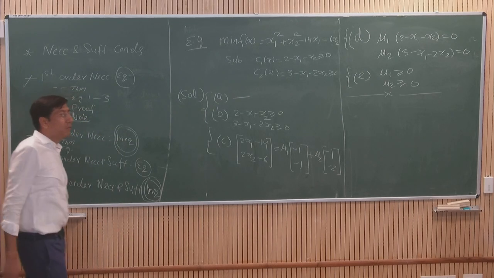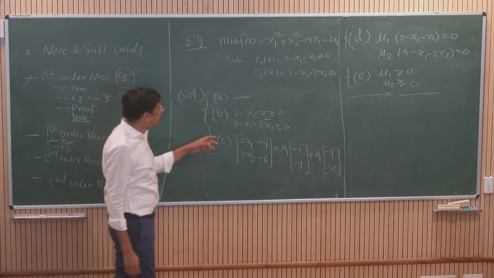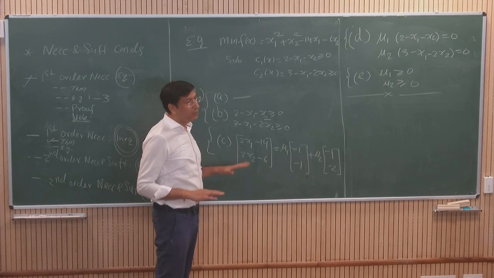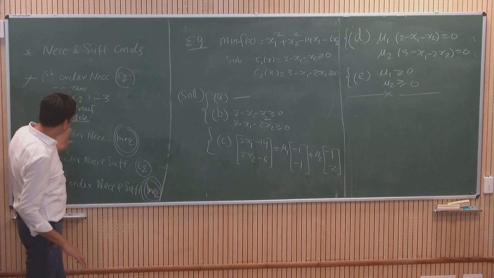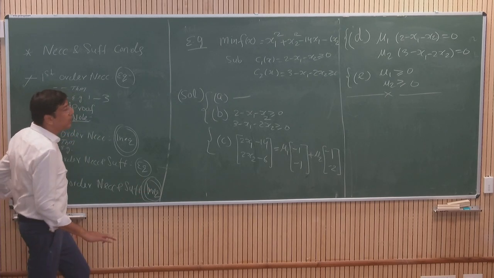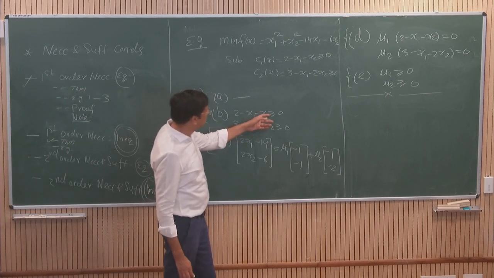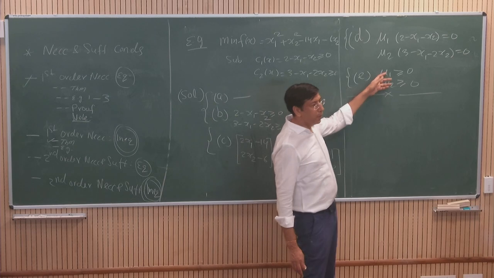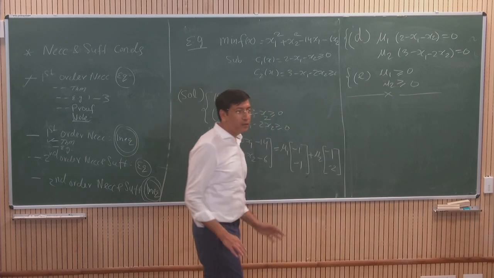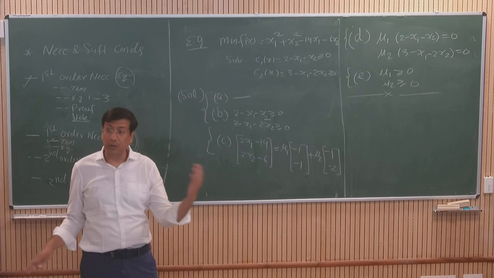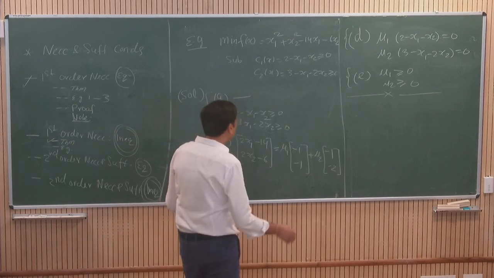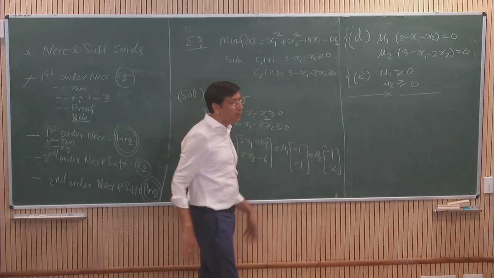So how do you solve it? The problem in solving a general inequality-constrained problem, whether you do the first order or the second order, is that these inequalities bother you quite a bit. Had it been equal to 0, you would have a number of variables and unknowns, substitute and find it. If you try to do all this substitution, it will get really cumbersome.